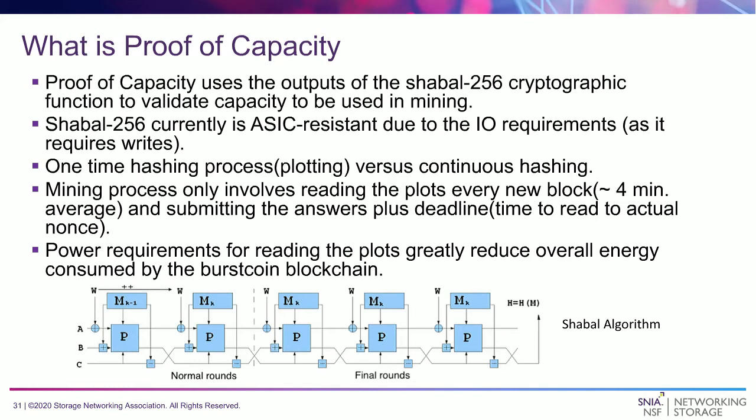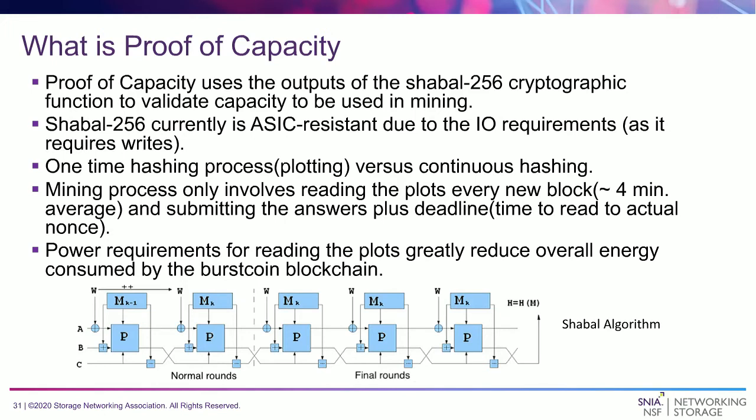Proof of capacity's entire basis is that the protocol is using not compute CPU power like in proof of work, or networking resources, but storage device resources. So that means your powerful or unused storage devices can create a blockchain and allow you to transfer data using a proof of capacity protocol.